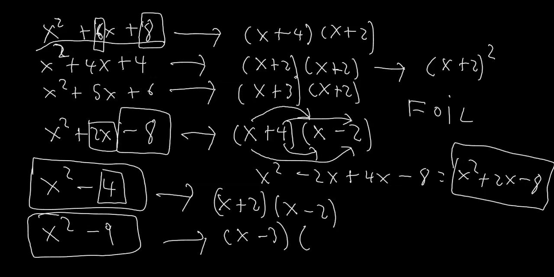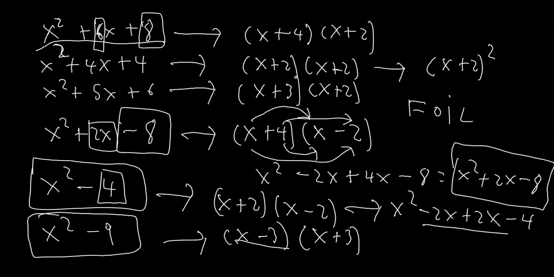And then you want to put x plus 3. Now, why are we doing this? Why are we making plus 2 and negative 2, plus 3 and then negative 3? Well, if we FOIL this back, let's just FOIL it. We get x squared minus 2x plus 2x, and then minus 4.